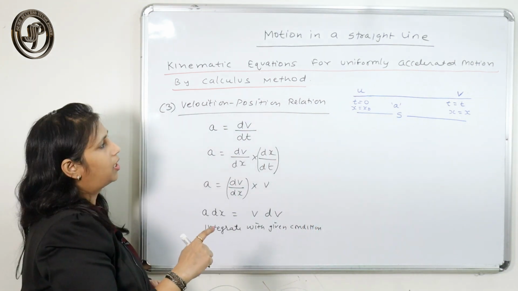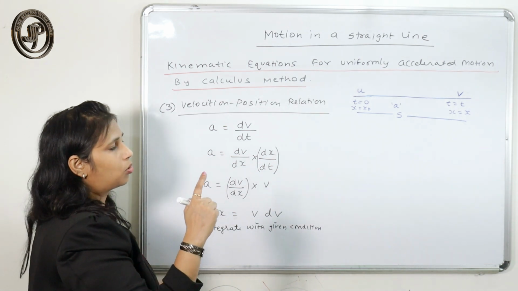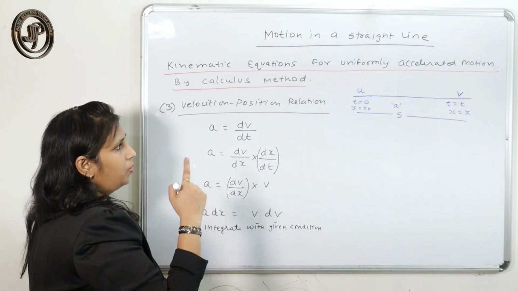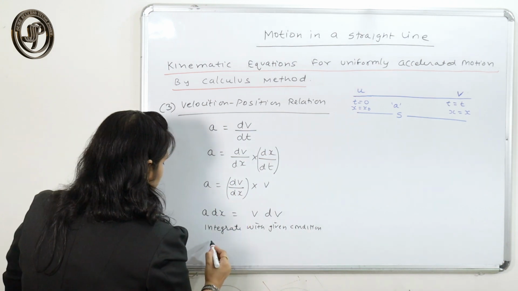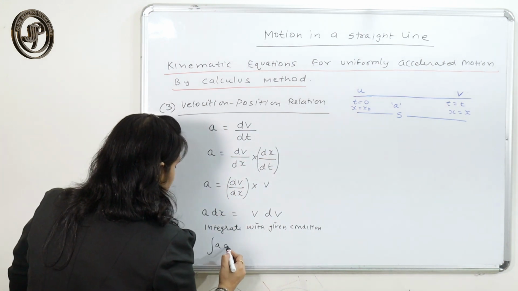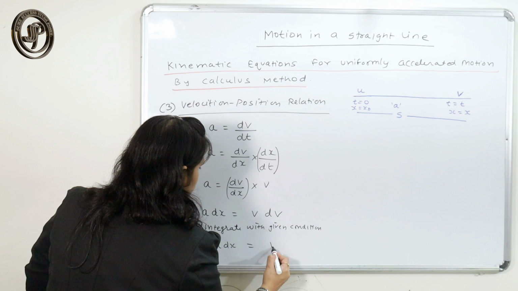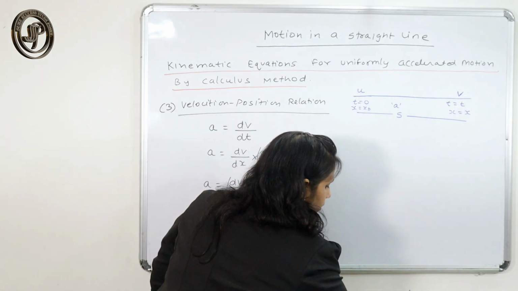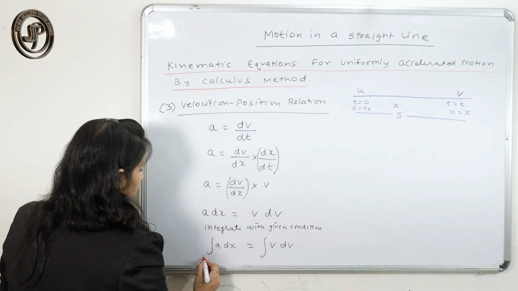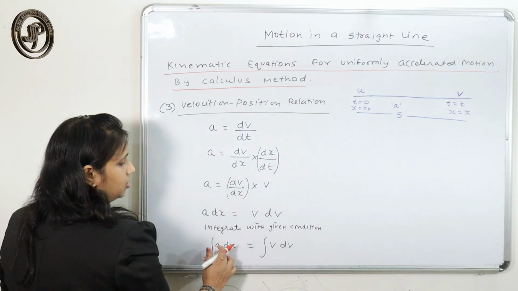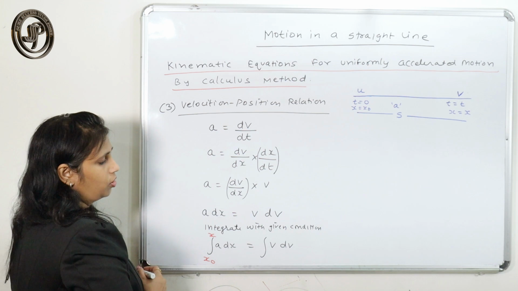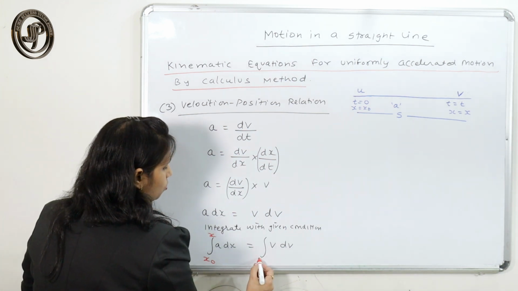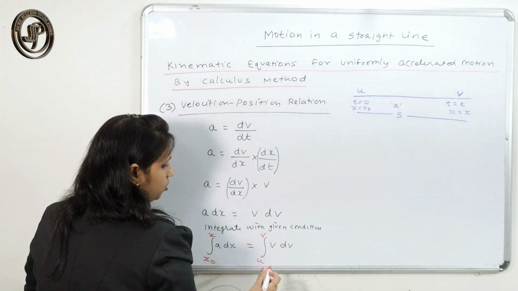The given condition says that x goes from x naught to x, and velocity goes from u to v. So if I integrate a dx is equal to v dv under the given condition, for dx I put the condition for x, and for dv I put the condition for velocity.